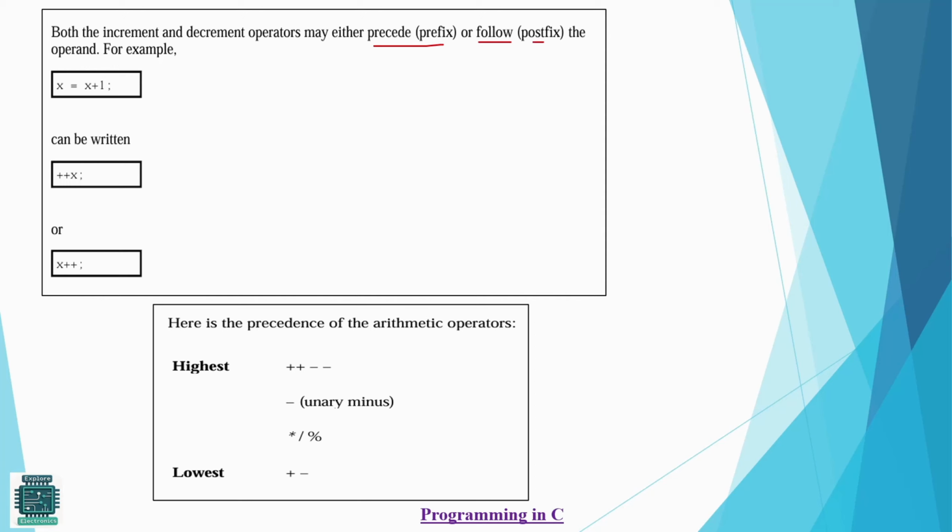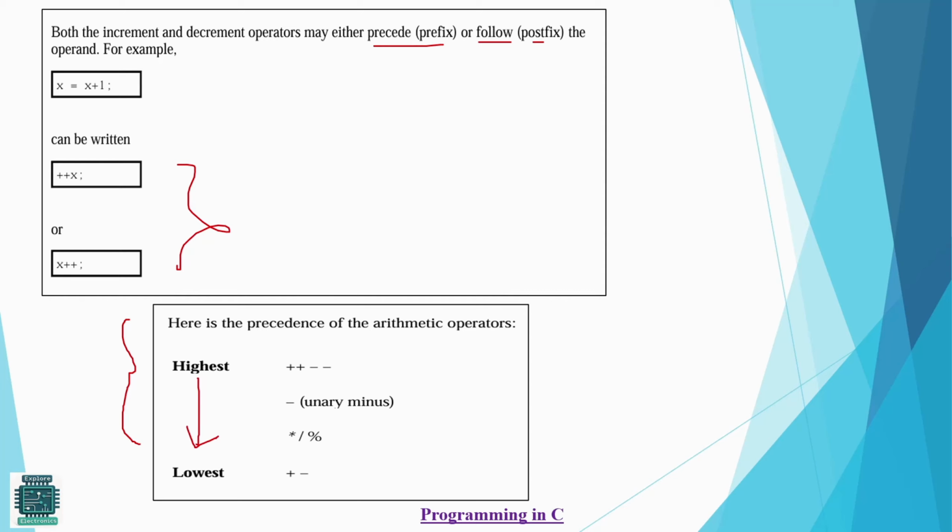Remember these words because while asking questions they may include these words to confuse you. For example, x is equal to x plus 1 can be written as plus plus x or x plus plus. Both remain the same. Here is the precedence of the arithmetic operators, highest to lowest.